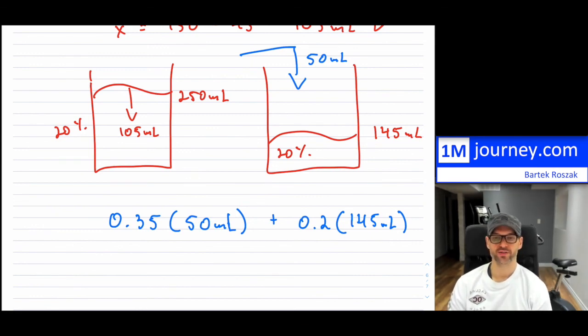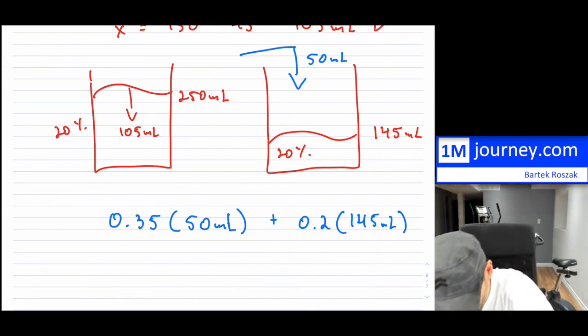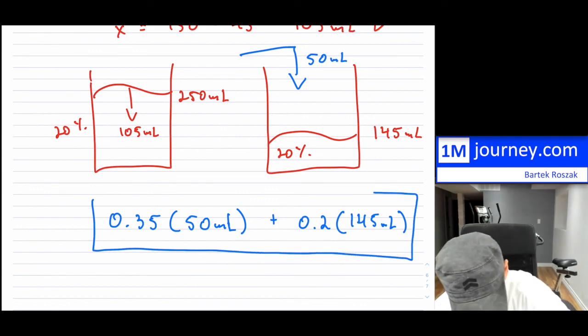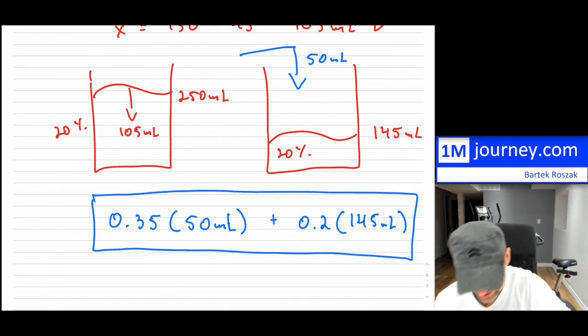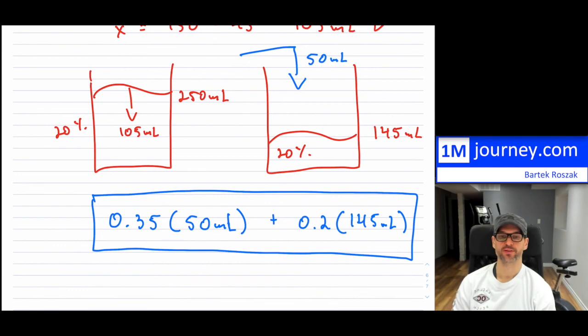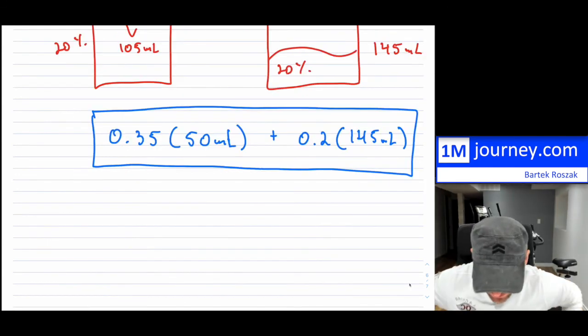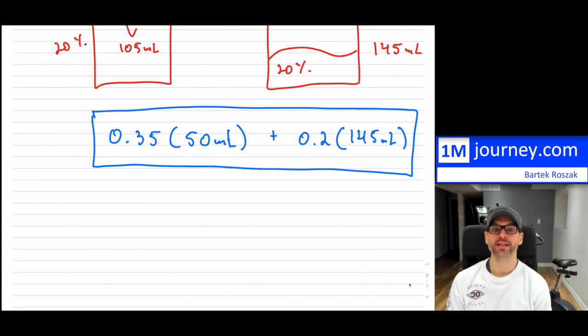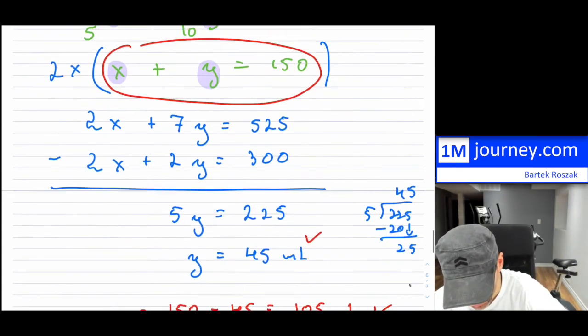So this is what we're going to set up. Once we set this up, we can get what the new concentration would be from both of these. And how do we get the new concentration? Remember, we do this all the time.